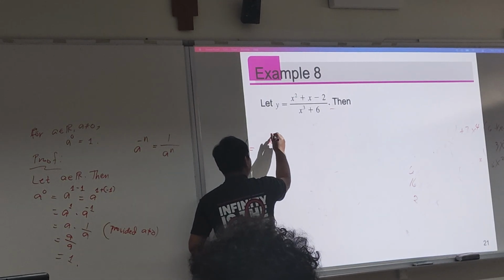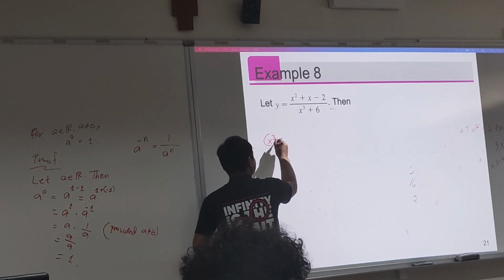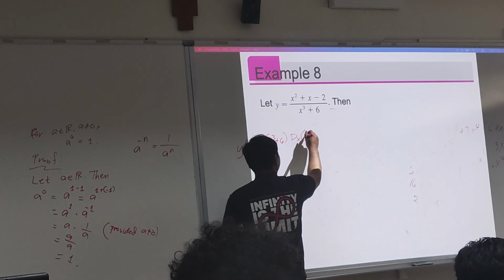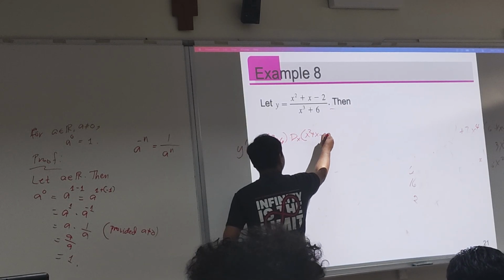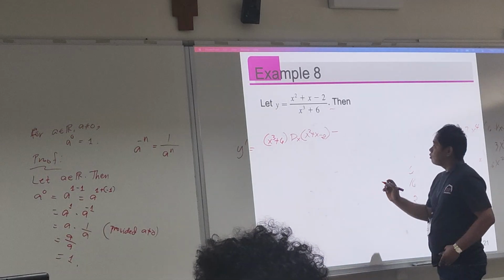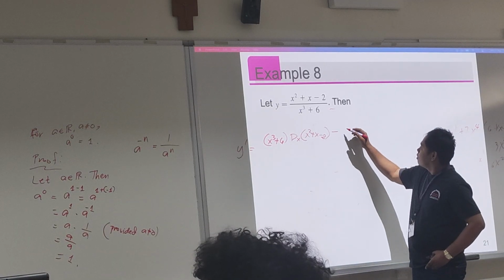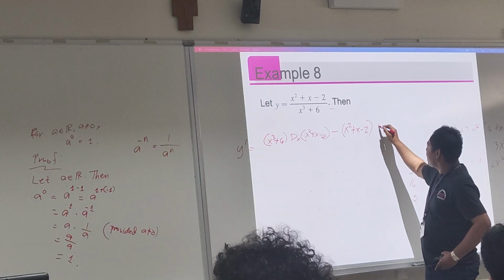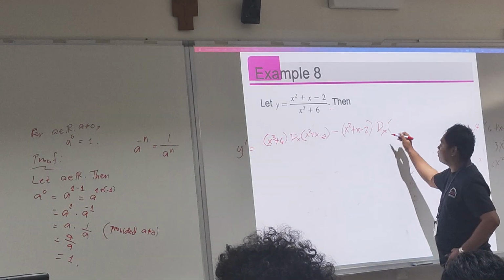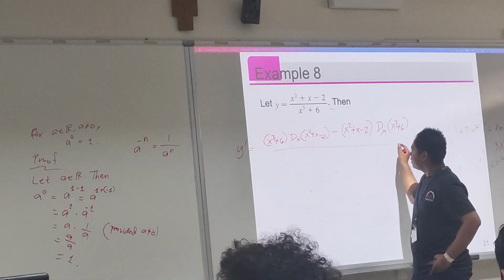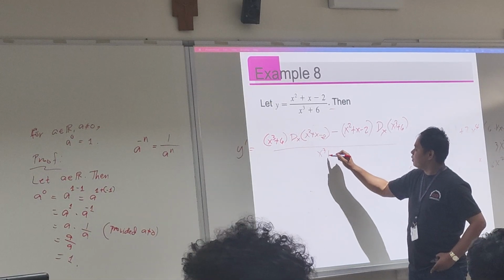Write your denominator first and take the derivative of your numerator. Minus, copy your numerator now, and then take the derivative of your denominator, divided by the square of your denominator.